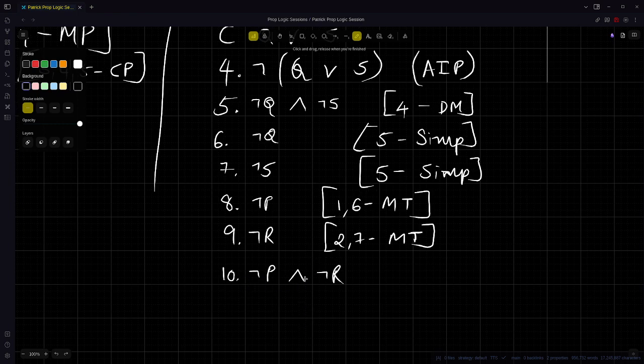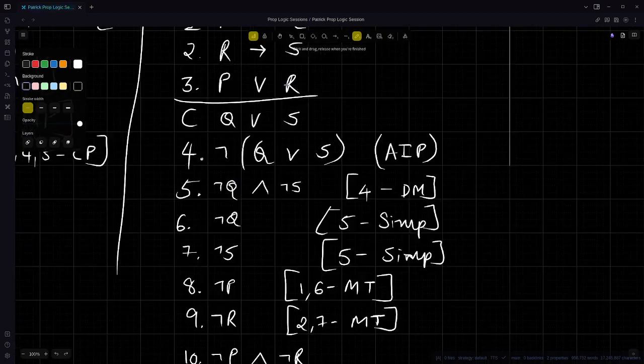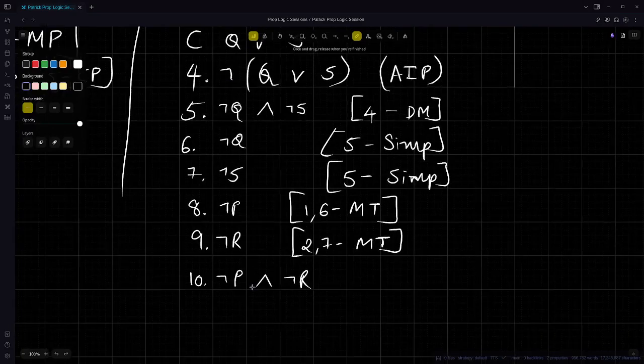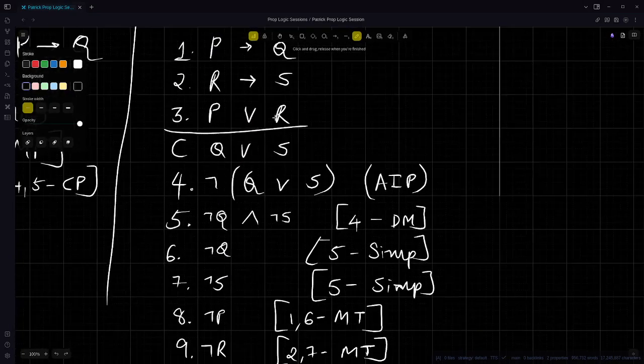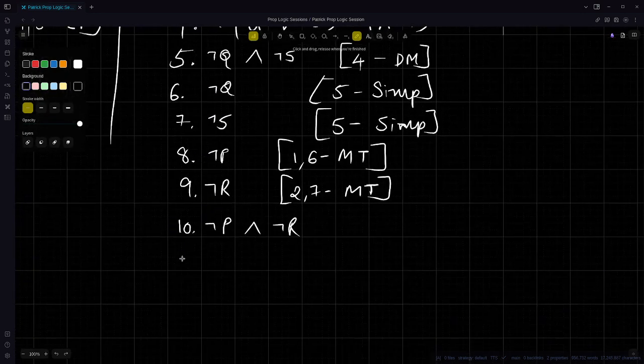So you have not P and not R. Now look at what premise 3 is. Can you do something that will make this similar to this? We can do De Morgan's law again, exactly. And what will you get? So we take out the negative, and then P or R. Exactly.